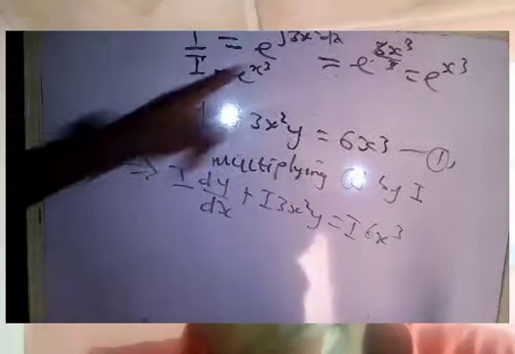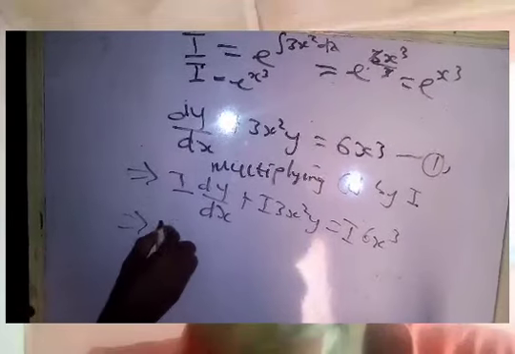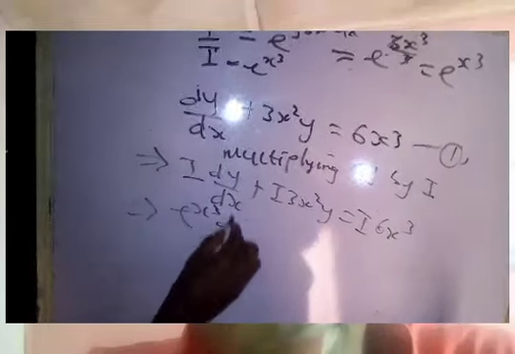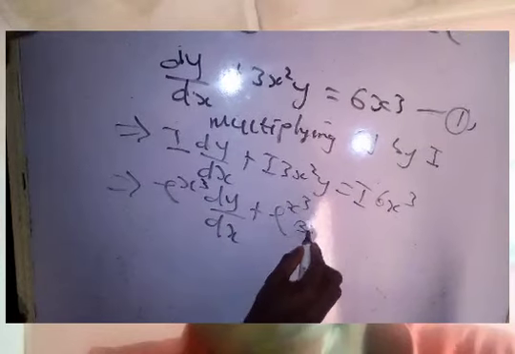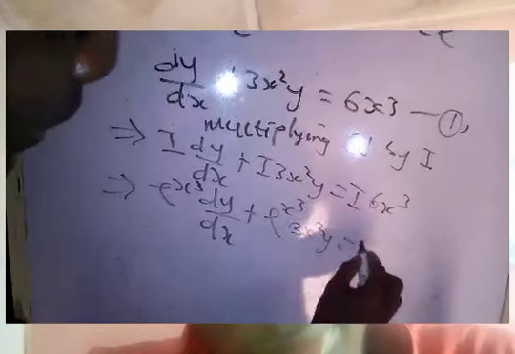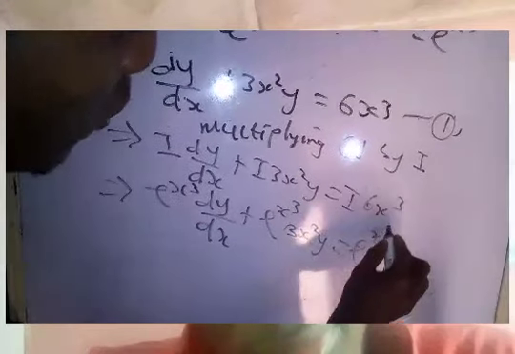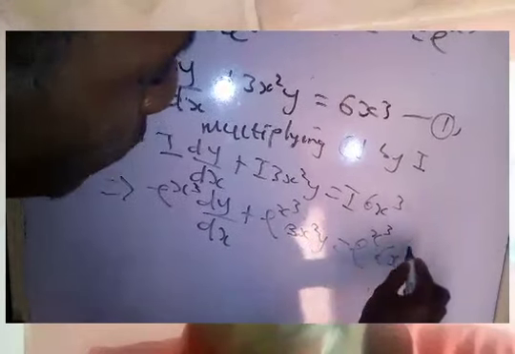But remember, our I is e to the x cubed. So we have e to the x cubed dy over dx plus e to the x cubed times 3x squared y equals e to the x cubed times 6x cubed.